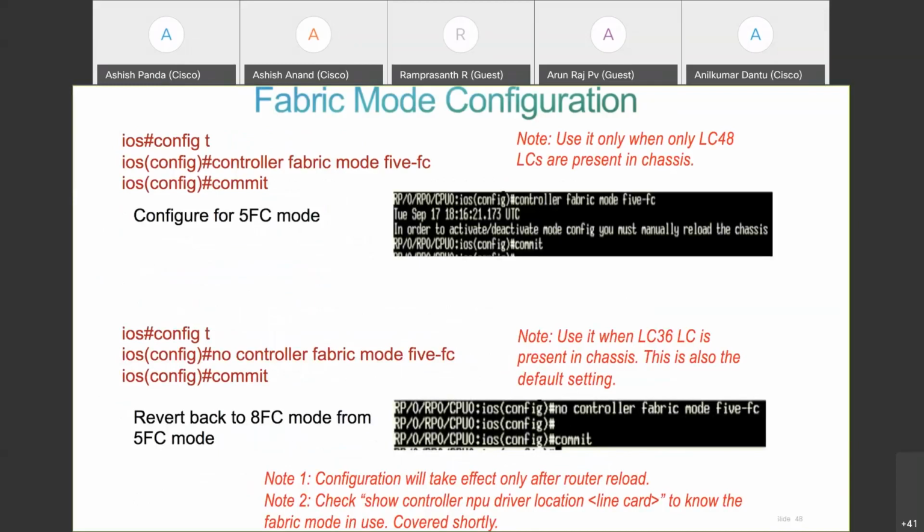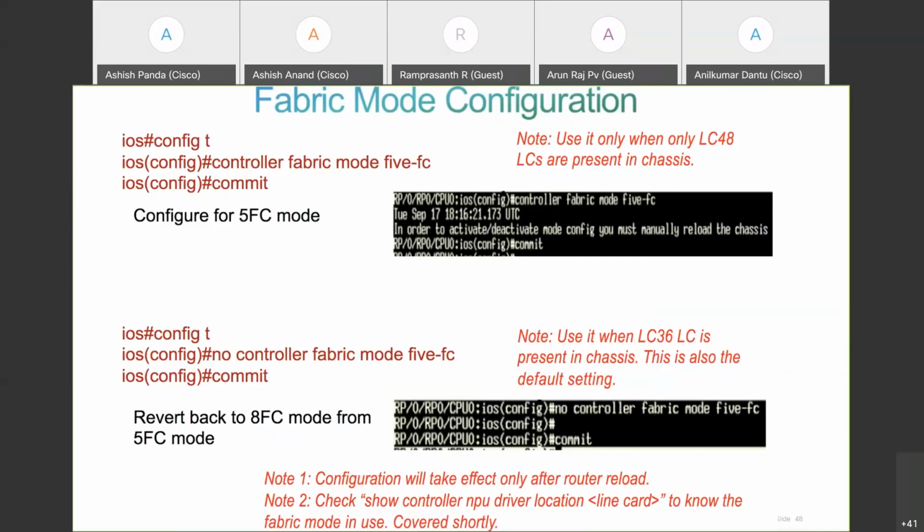So this is how you change your fabric card mode. As I mentioned, by default, your fabric is in 8 fabric card mode. But say your customer doesn't want to purchase all the 8 or doesn't want to populate all the 8 fabric cards, then he can run in 5 fabric card mode. The restriction is that we can only have the 48 into 100 gig card on it.